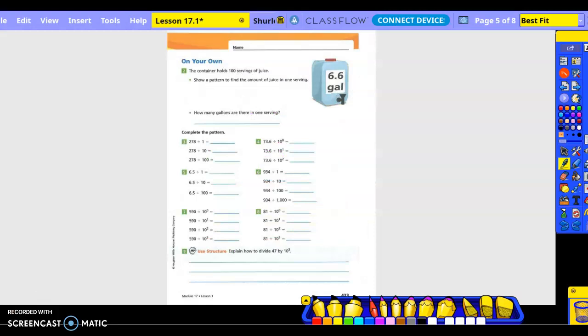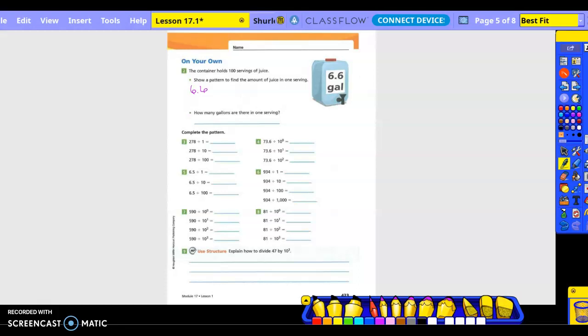On your own, number 2, the container holds 100 servings of juice. Show a pattern to find the amount of juice in one serving. So what's our total? 6.6 gallons, right? Now, are we multiplying or dividing?